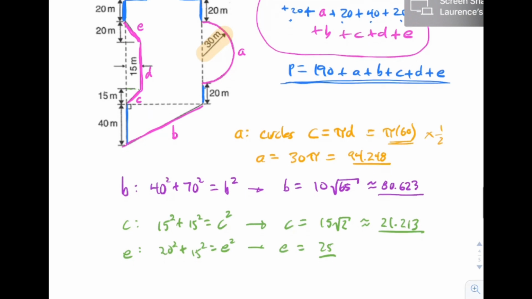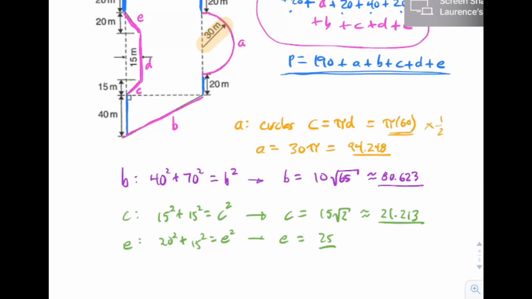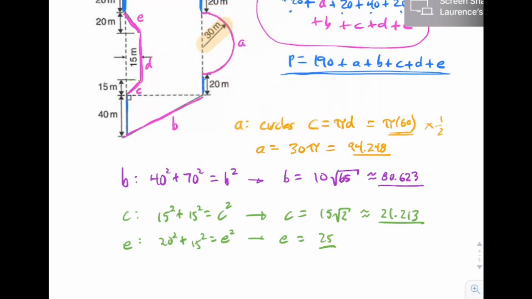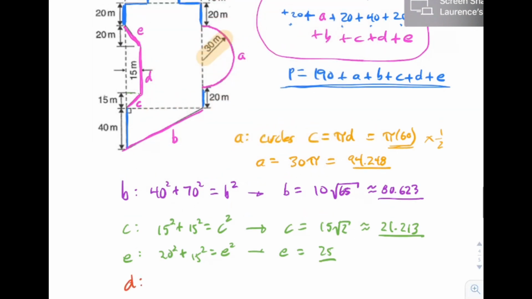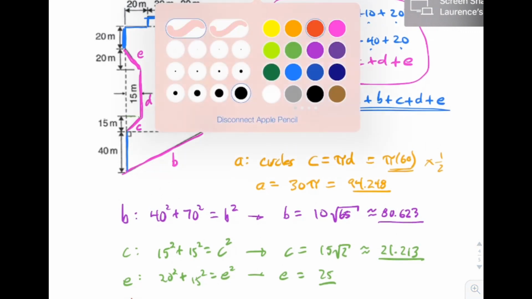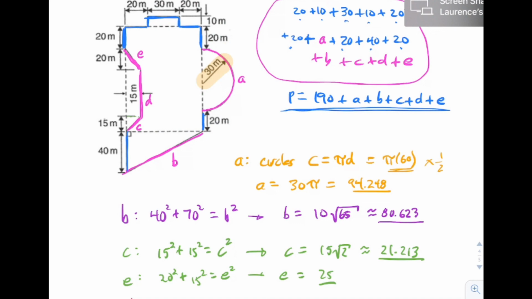Okay, but now we got to get D. What color do you use for a D? Suppose we haven't used red very much. How am I going to get D? Well, let's see. What I've got is distances here and here. I've got distances here. And I'm kind of missing this one.